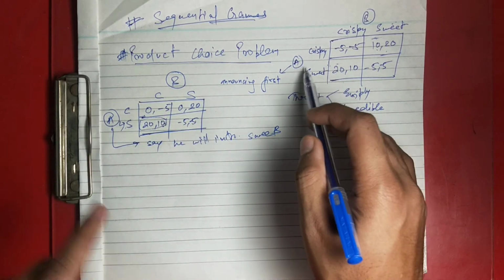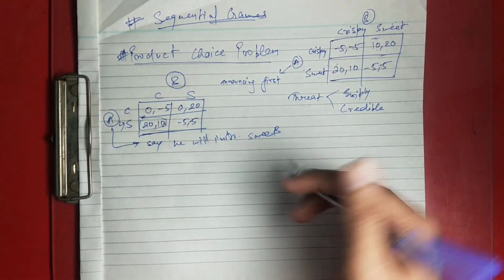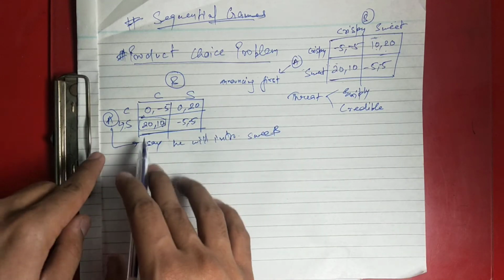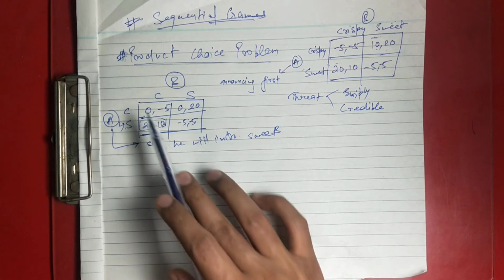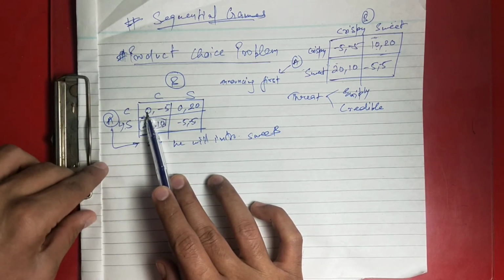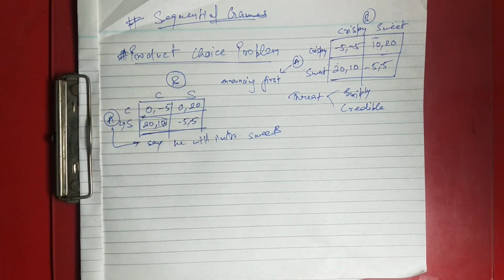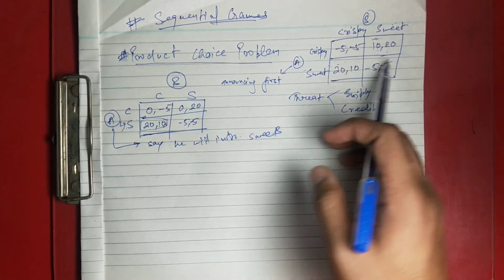Before, it was unsure whether A would move sweet or crispy, but here it is sure, because if you see the payoff matrix, the crispy entries are 0 0 because he has shut down the crispy production. So now this threat is called a credible threat, and this threat was an empty threat.